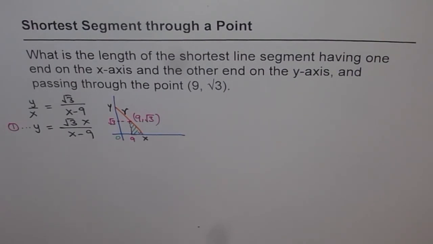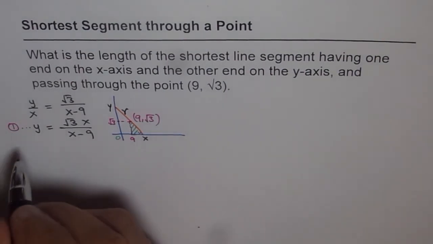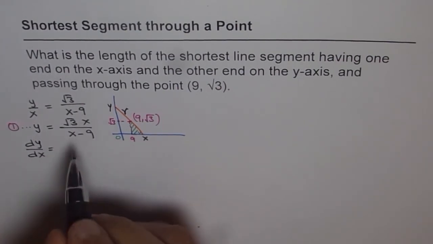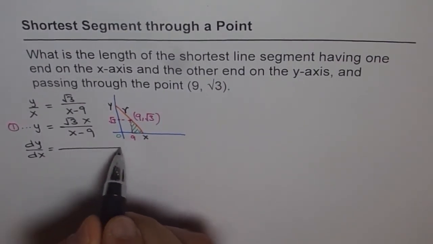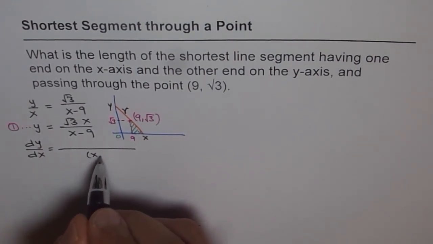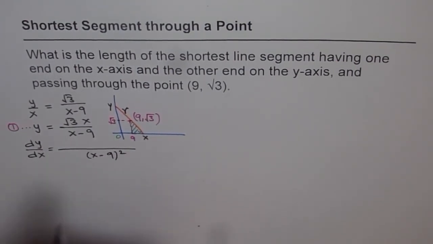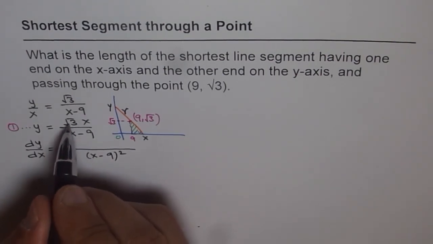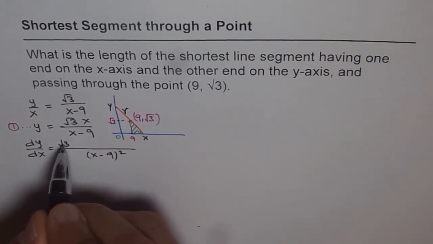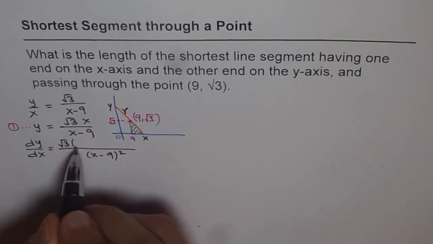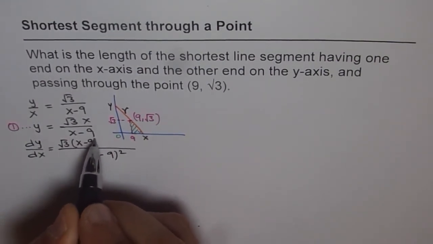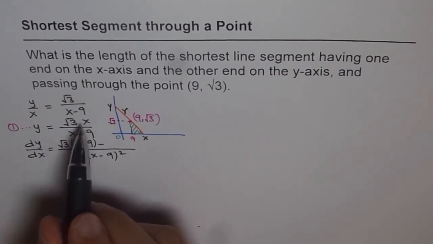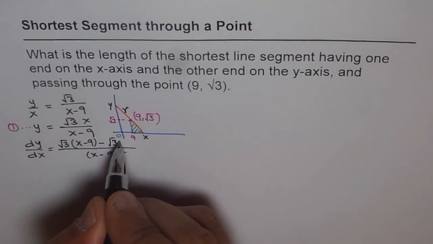Now let's also find dy/dx from here. dy/dx will be equal to, we'll use the quotient rule. So denominator squared, (x minus 9) squared, numerator: derivative of this, which is √3, times (x minus 9), minus derivative of this, which is 1, times √3x.